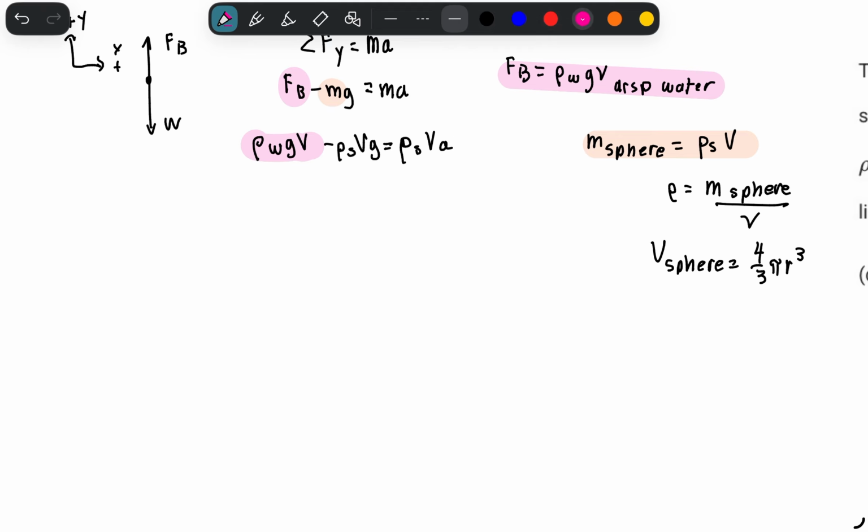After this, on the left side, we can factor out our g and V here, and we have a g and V here. So we have density of water minus density S is equal to density S, V a. We can cancel out that V on both sides. We still have a g here.